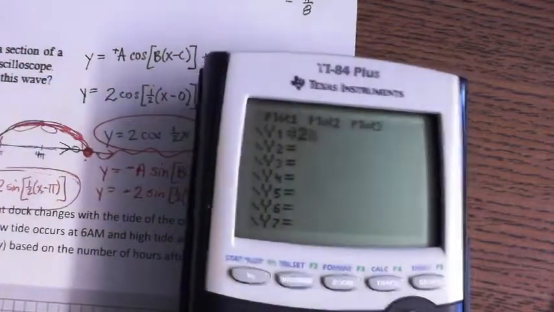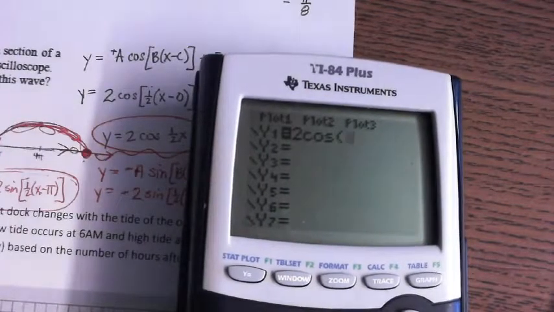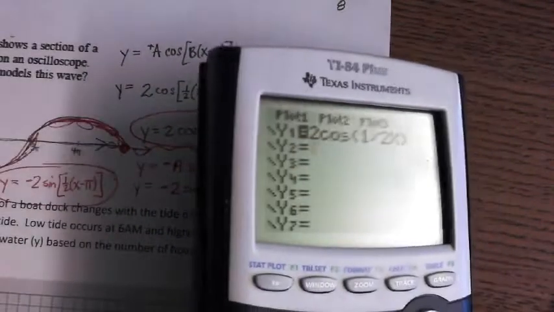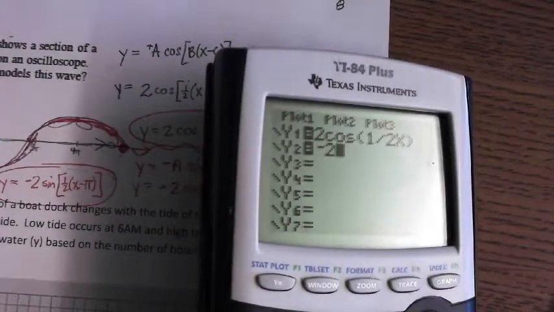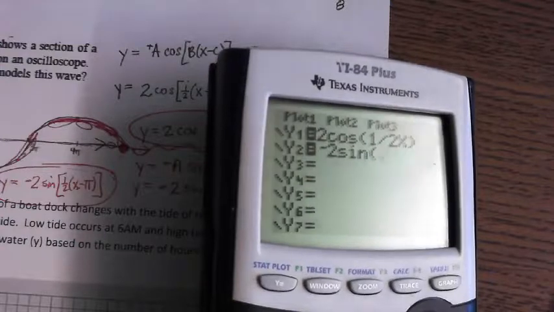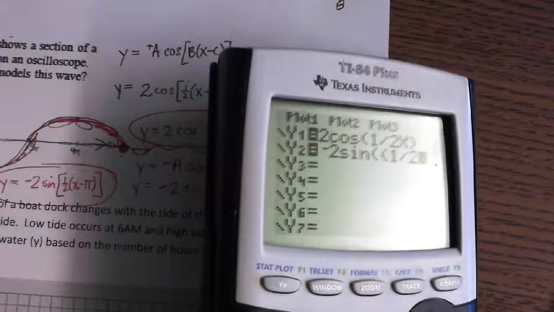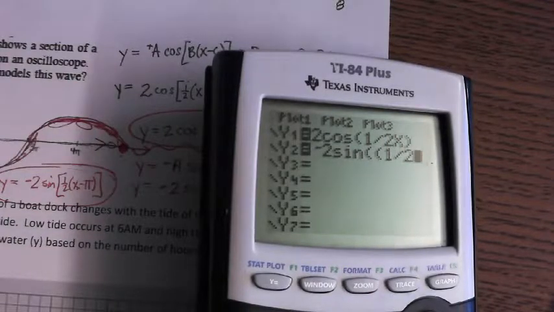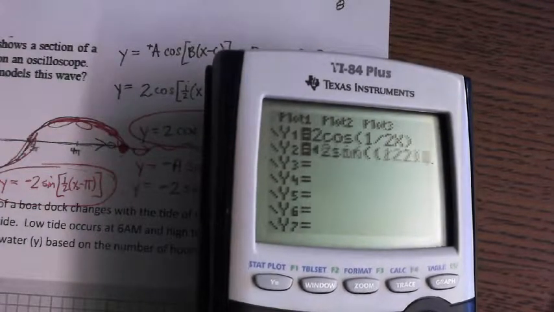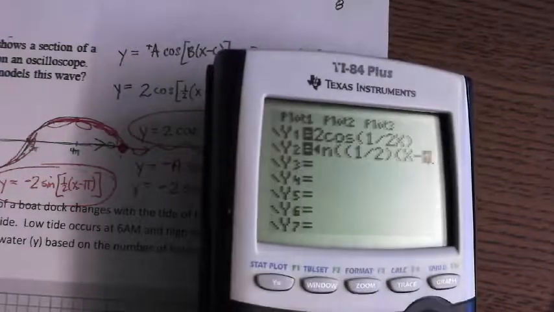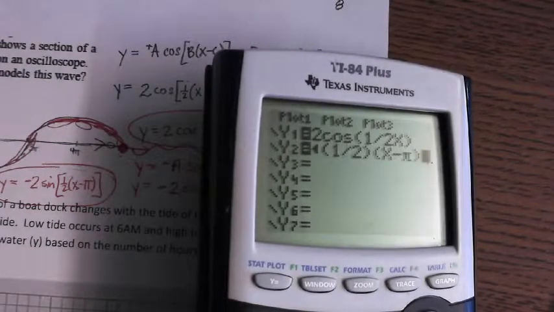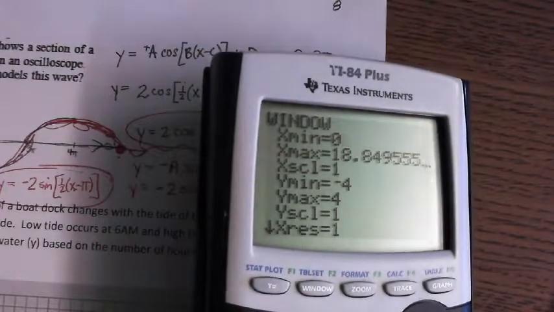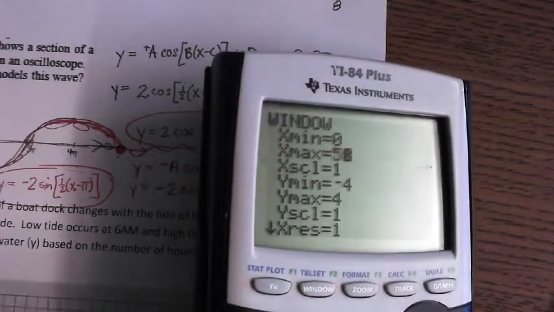I have 2 cosine of 1/2 x, and then I have negative 2 sine of 1/2 x minus pi. And my window, I'll go from 0 to 5 pi.